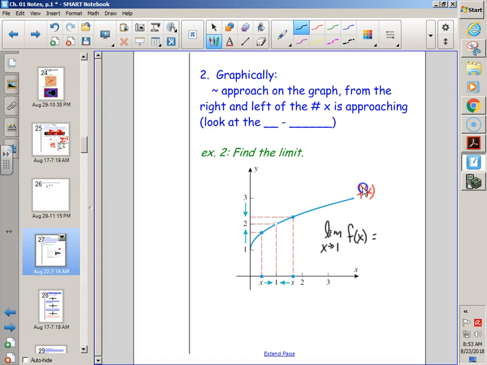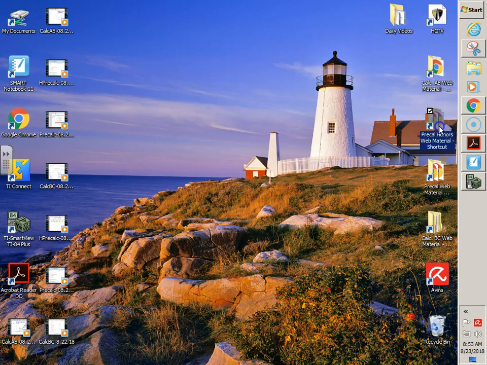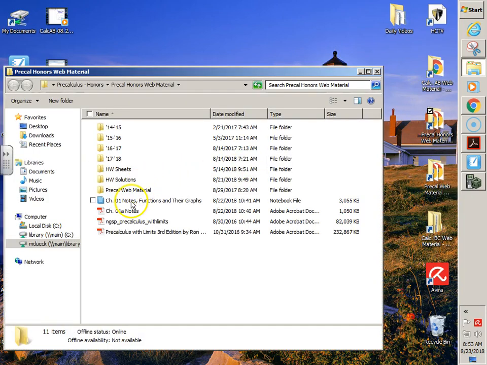All you're supposed to be doing with a graph, just like a table, is coming from the right and the left of the a that x is approaching, looking at the y values, the heights, and trying to see, are the y values approaching a single set constant?